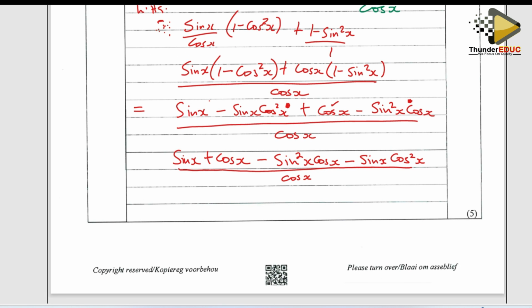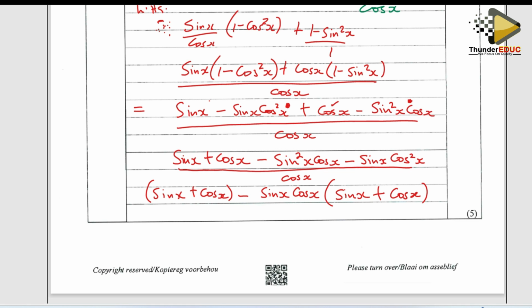Okay, let me see if I can break this down. So this is going to be a sine x plus a cos x. Let me take out what is common there. If I take out the negative, I'll be left with a positive inside. There's a sine, there's a sine, there's a cos, there's a cos. I'm taking out sine x cos x, and I'll be left with just sine x plus cos x there.